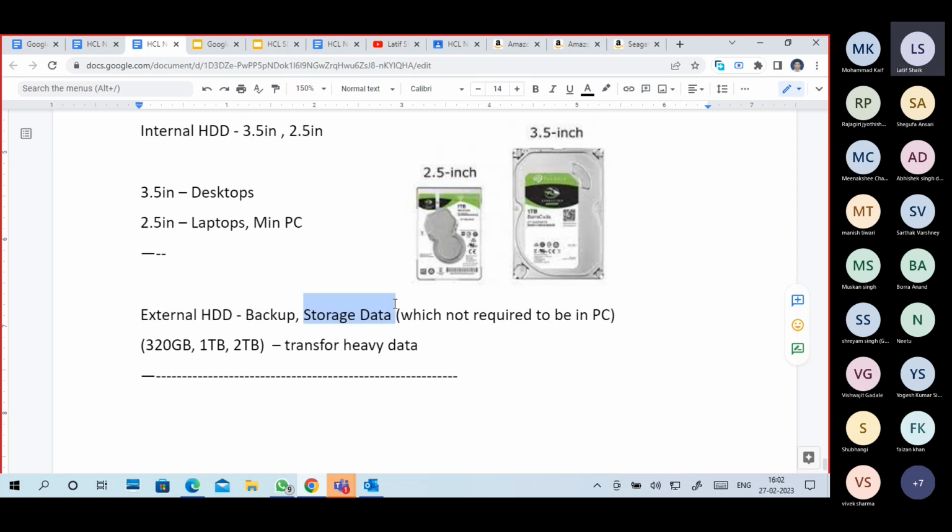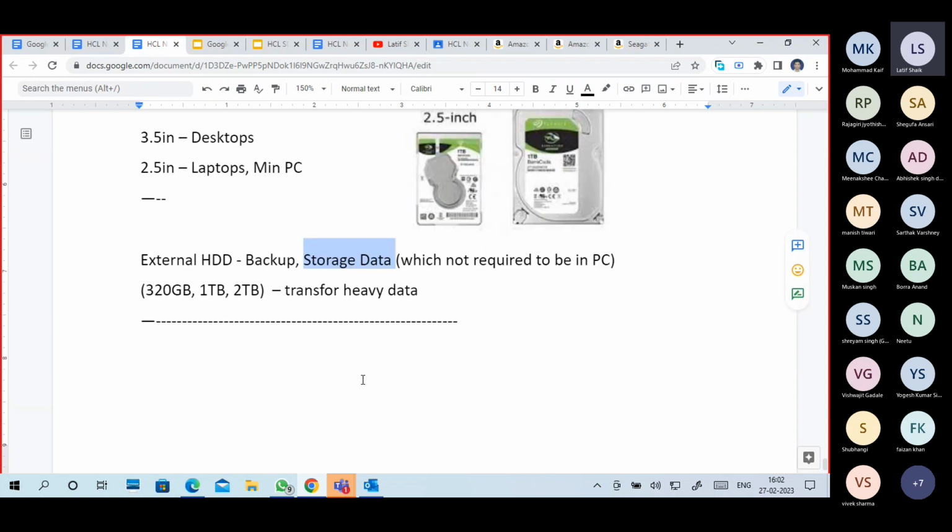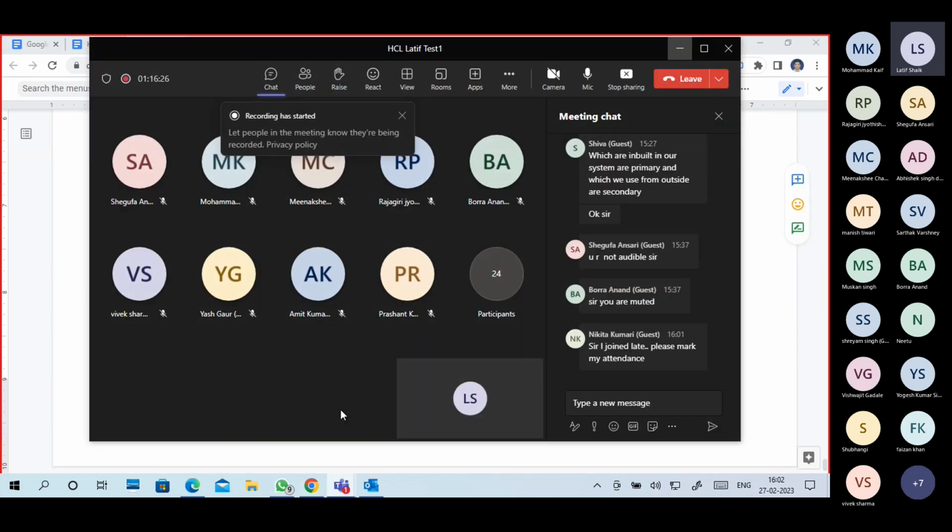So I use an external hard disk, because external hard disks are 1 terabyte, 2 terabyte sizes. 100 GB is very small, right? So obviously I transfer the data. That is about your external hard disk.